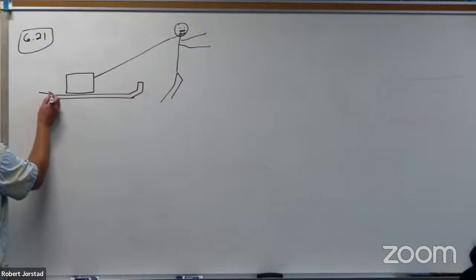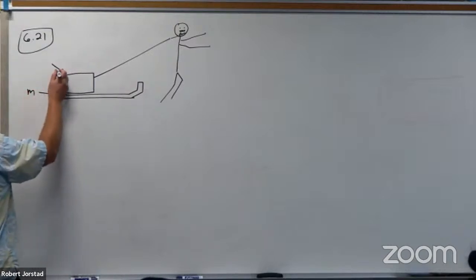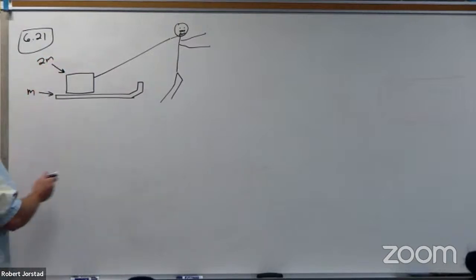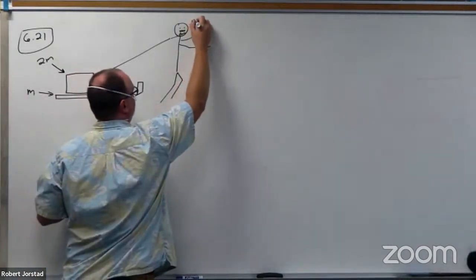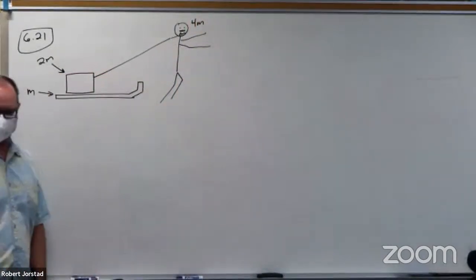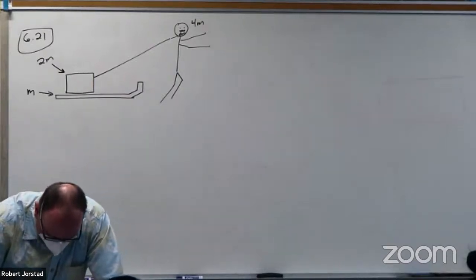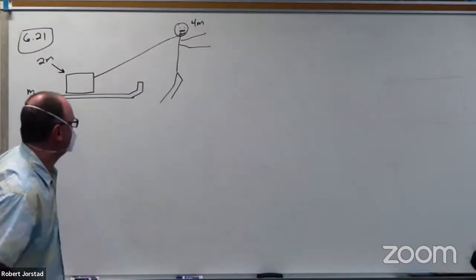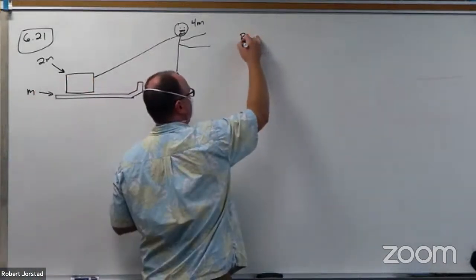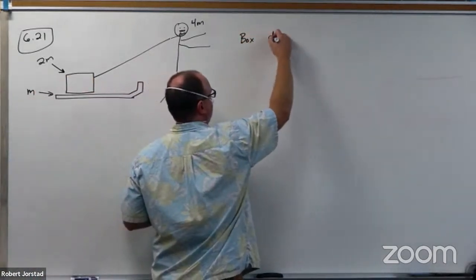Know that this thing has mass m, this thing has mass 2m, this thing has mass 4m. What else are we told?